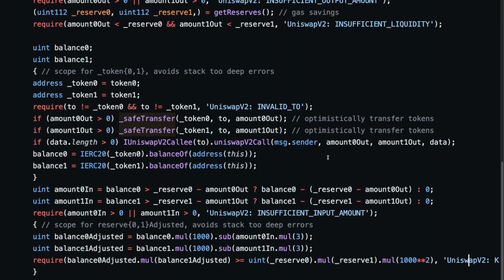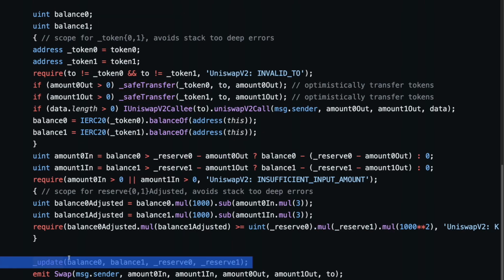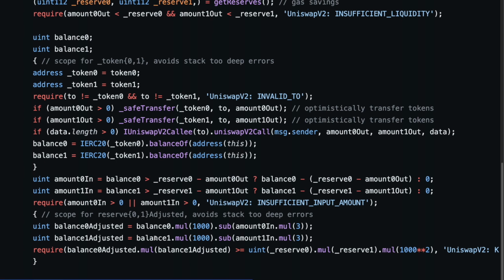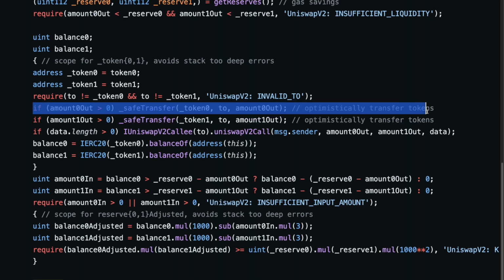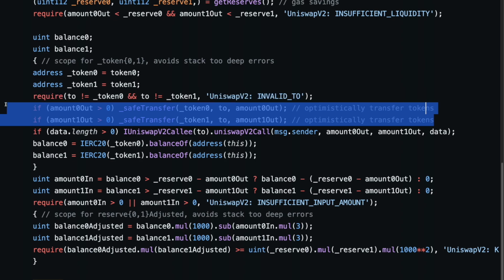So let's say you want to swap some tokens and get some token amount 1 out, for example some ETH. You will have to first send some USDC into this contract and then call the function swap, and then you will get your ETH, because this is what you want. Then the contract is going to call a function named update, which is going to overwrite the current reserves that are being tracked inside the contract. So this is very important. Again, you get the tokens even before the K is checked, and this allows for flash loans that I'm going to explain in a while.